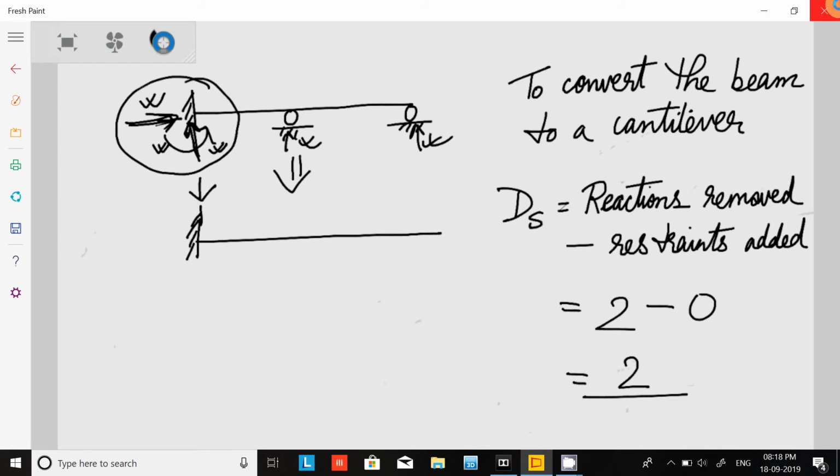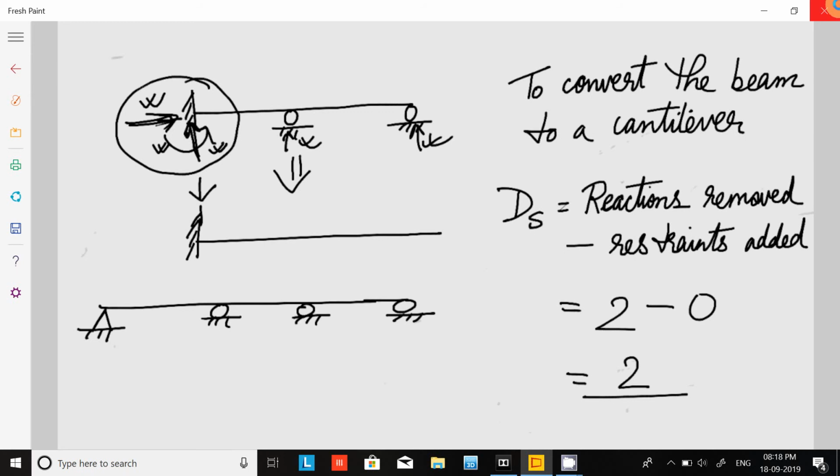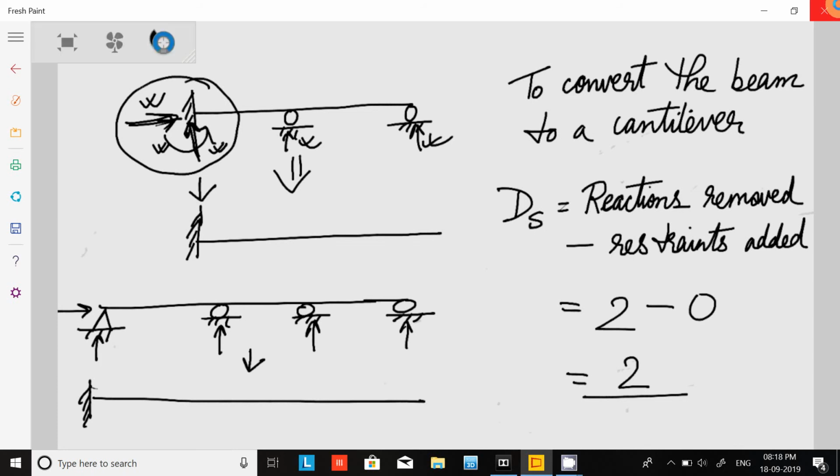Now if we consider this one, this hinge is giving two reactions, and the rollers are giving one, one and one. If we have to convert it to a cantilever, how many reactions do we have to remove at first?